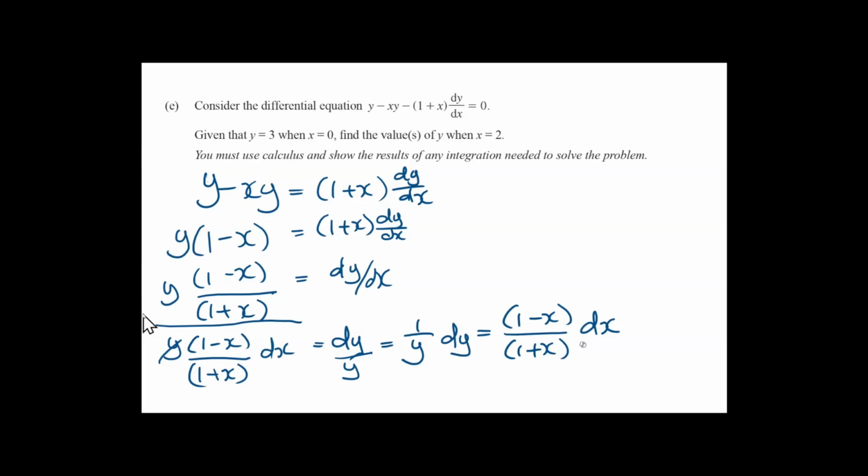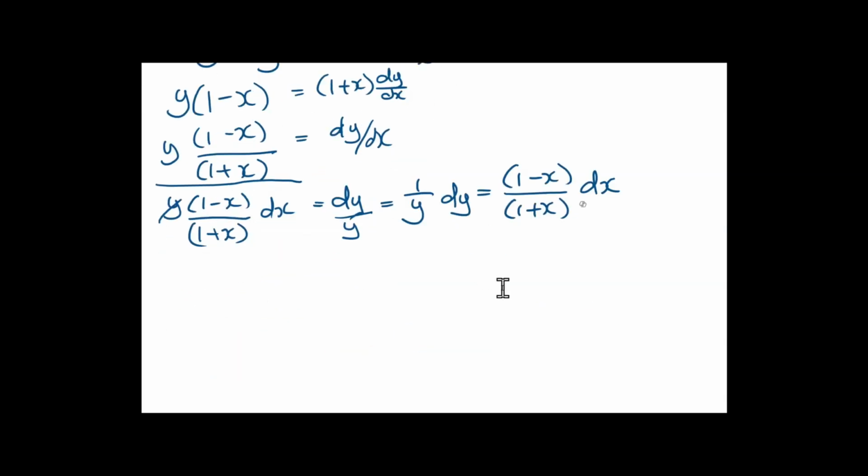Now, can we integrate? Yes, we can. Let's integrate this left-hand side first. It looks pretty easy. So we integrate 1 over y dy. You often see it written like that. I prefer this method.